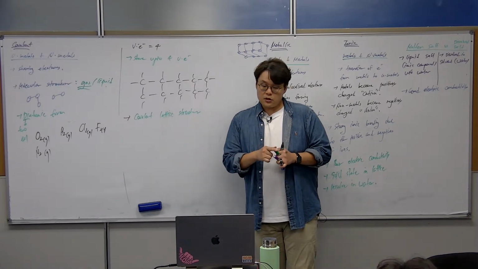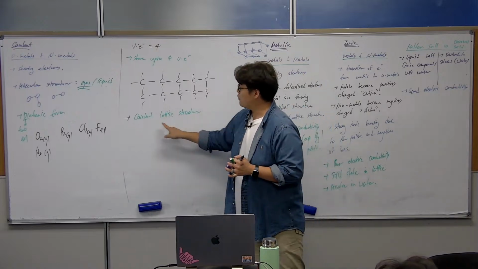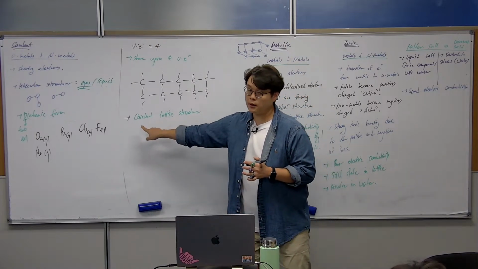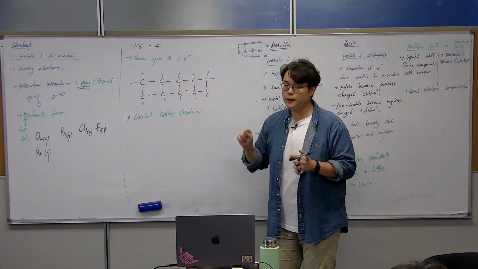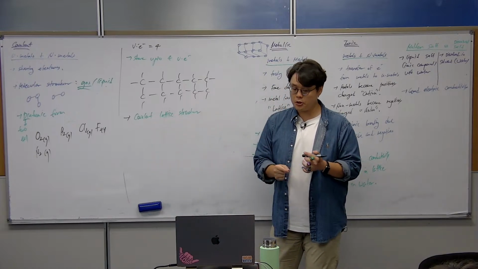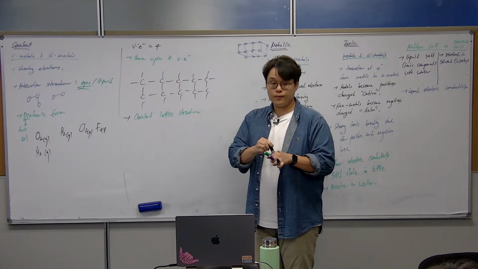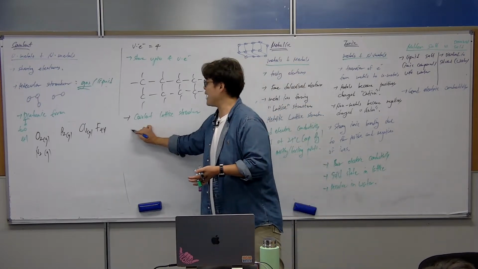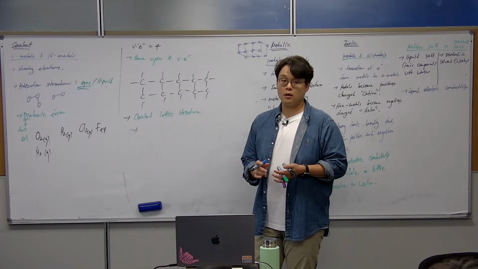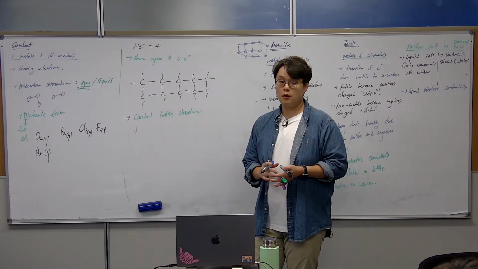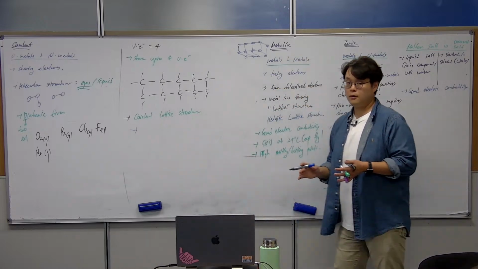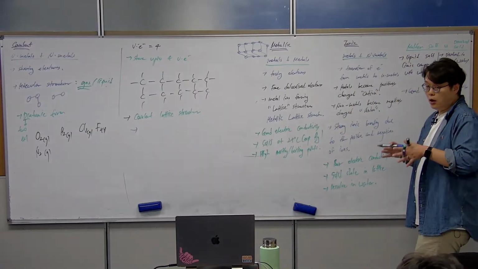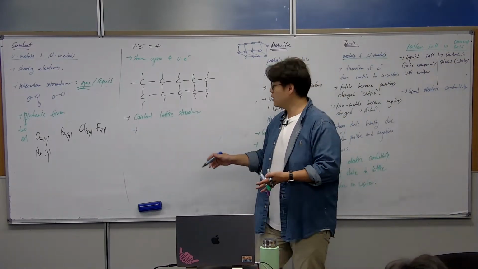Then it is easy to think about what would be the main difference here. We have a covalent lattice structure. So what would be the state at room temperature? Would it come as gas, liquid, or solid, if we have a lattice structure? It would be solid, because the rest of those lattices we had before always come in solid state.